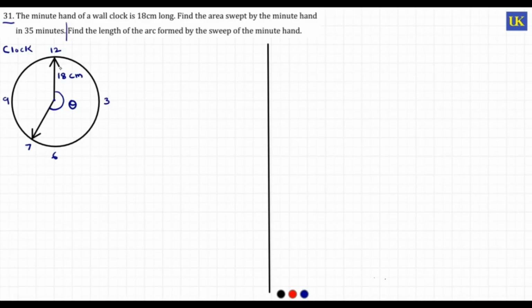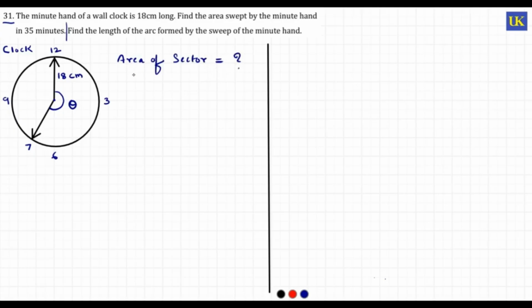So we have to find the area from the start, this portion which I have covered, this angle. This entire portion is what we have to find out, how much area is covered by this minute hand. So basically they are asking us to find the area of the sector. In the first question we have to find the area of the sector.